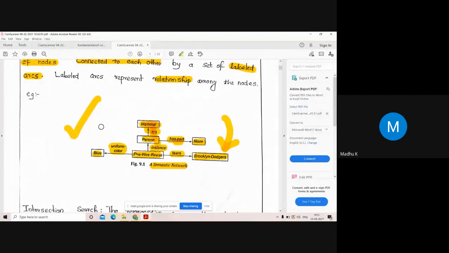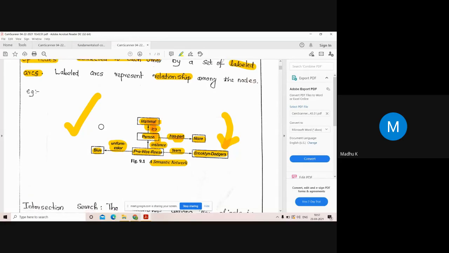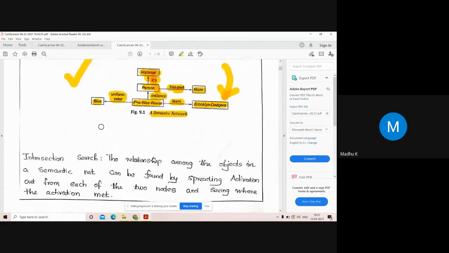Now you have a clear idea about what a semantic network is. What is the use of a semantic network? To represent various types of concepts or knowledge in the real world, a semantic network can be efficiently used. That is the importance of semantic networks.